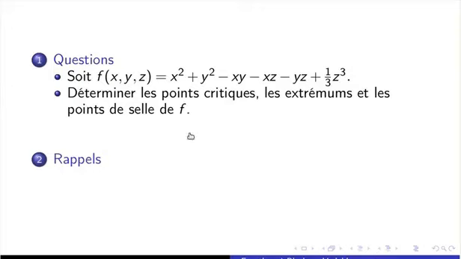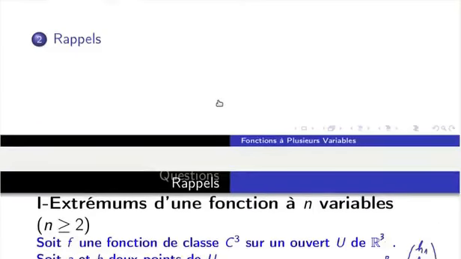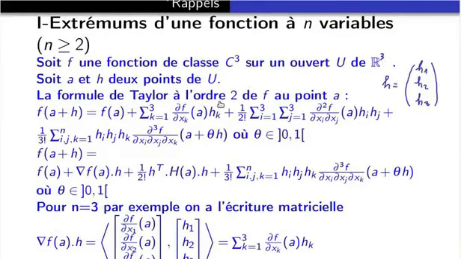So let's start by recalling that in the study of extrema, we generally use Taylor's formula. If we consider a function of class C³ on an open set U of R³, we take n equal to 3 here, which is sufficient for our exercise.